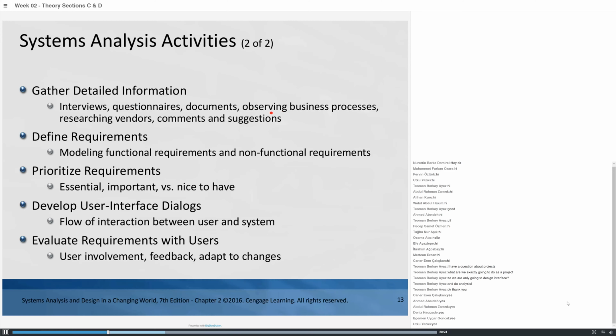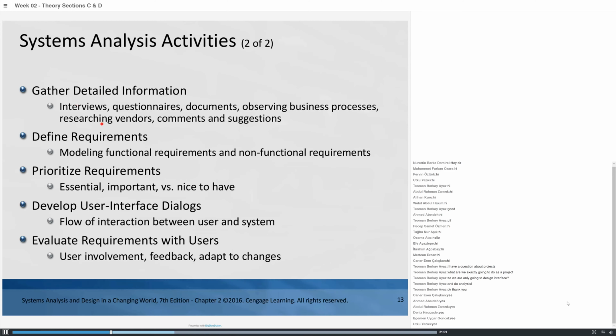We also have alternative techniques such as applying questionnaires or surveys, collecting documents, talking with vendors, and collecting comments and suggestions from participants and stakeholders. So this will be the first activity. We need to speak with the stakeholders. We need to communicate. We need to interact with the stakeholders.